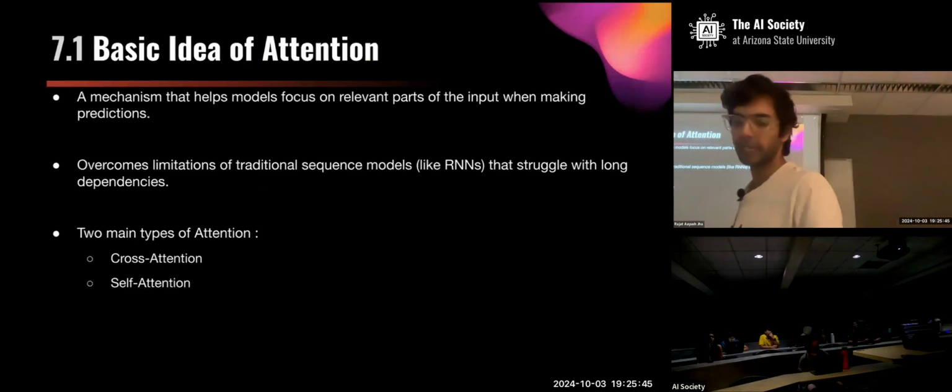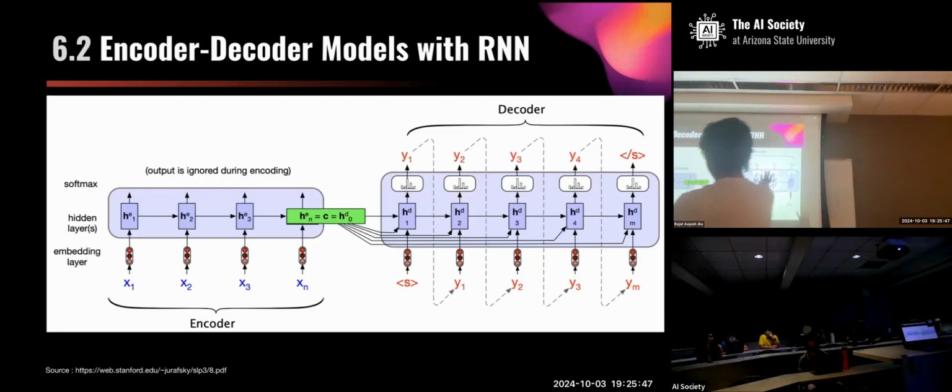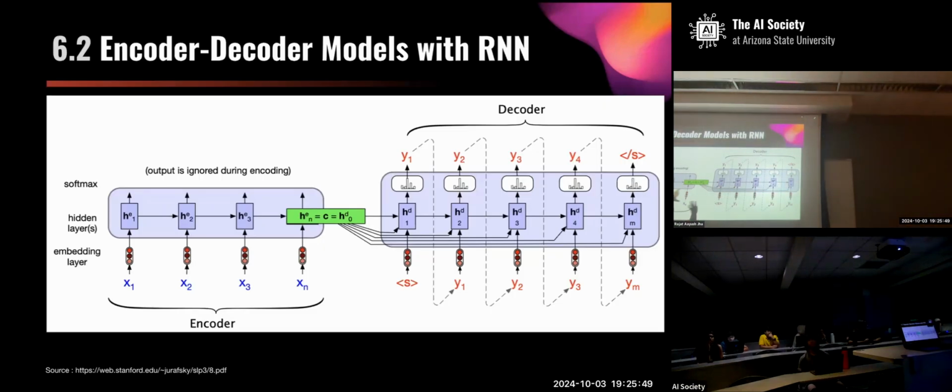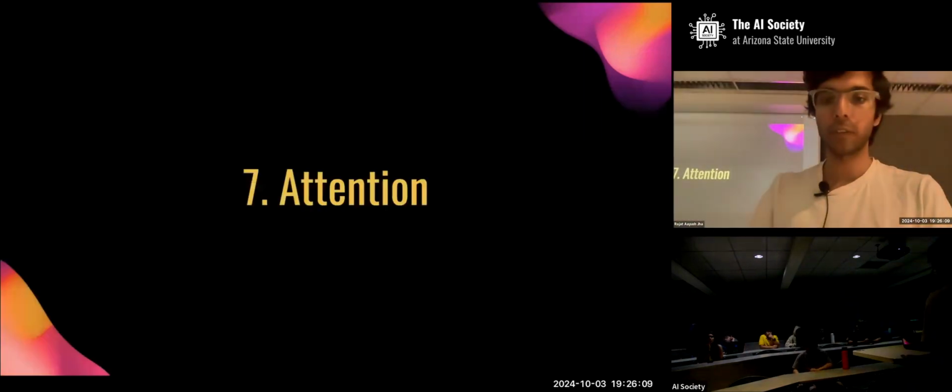So the basic idea of attention is, for example, if you have a given input sequence and given output sequence, if you are decoding at time step 2 in the decoder, you only want to focus on certain words which are important to output this word at time step 2 of the decoder. That was the idea of attention.